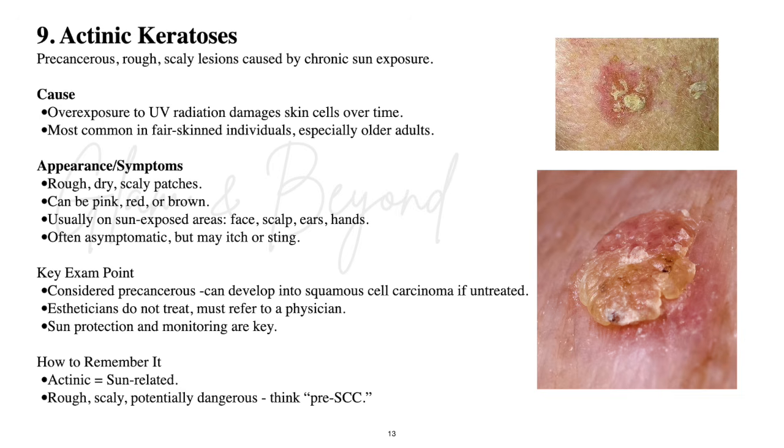Most common in fair-skinned individuals, especially older adults. Appearance: symptoms: rough, dry, scaly patches. Can be pink, red, or brown, usually on sun-exposed areas such as the face, scalp, ears, hands. Often asymptomatic but may itch or sting.